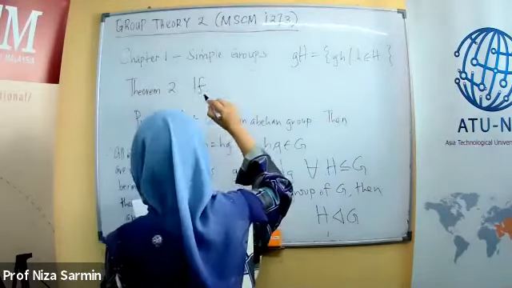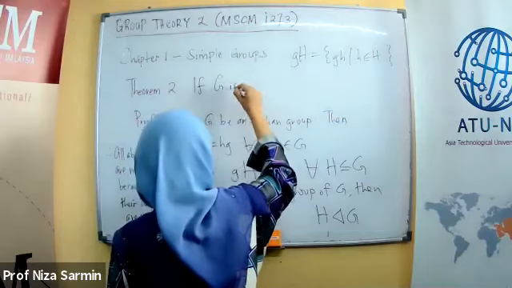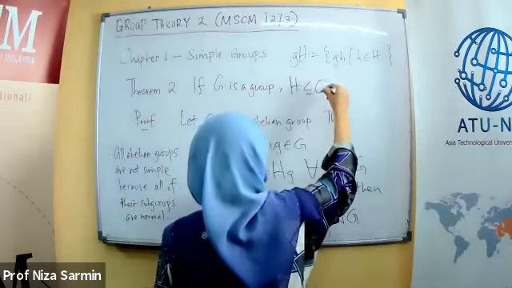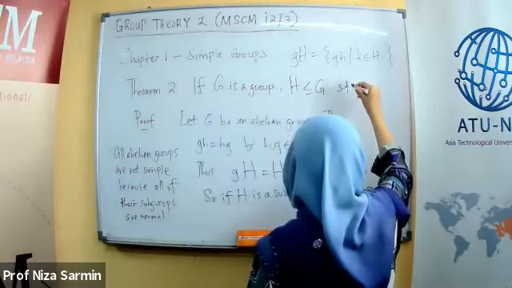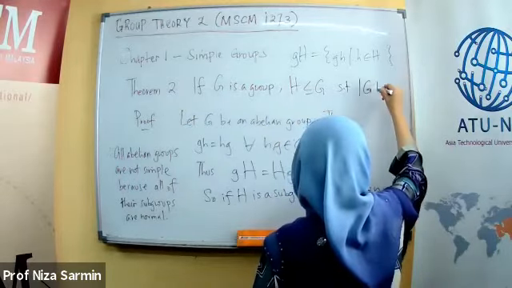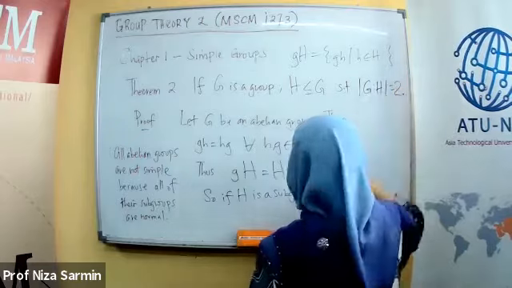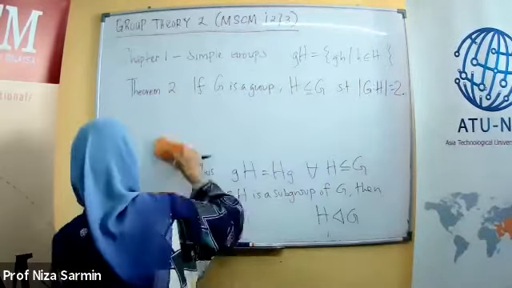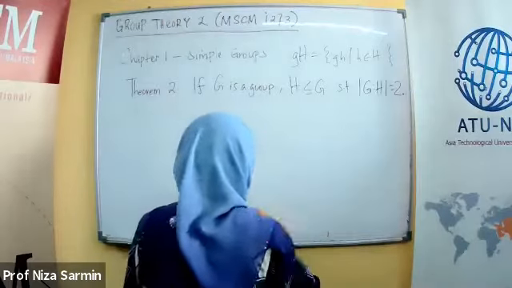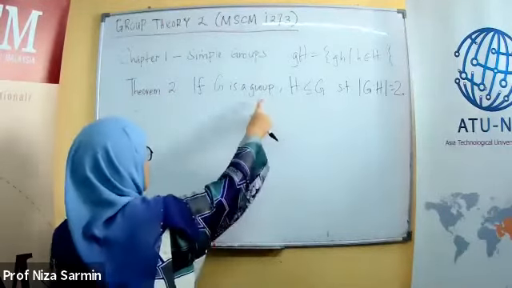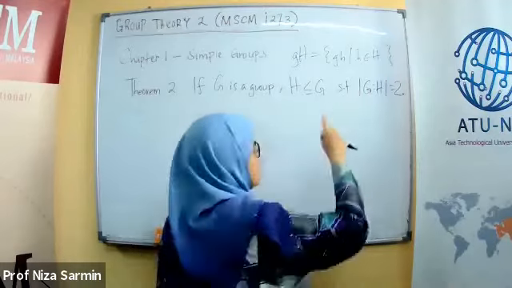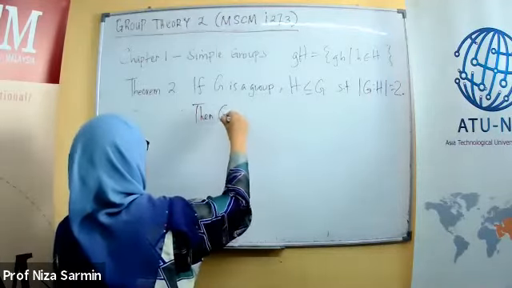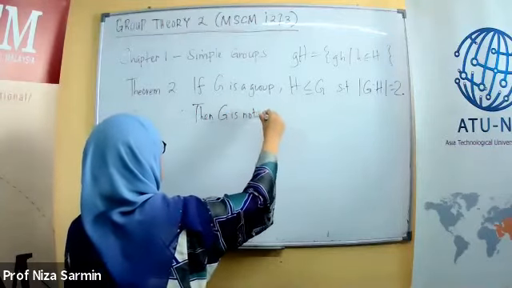If G is a group, H is a subgroup of G with index 2, then G is not simple.